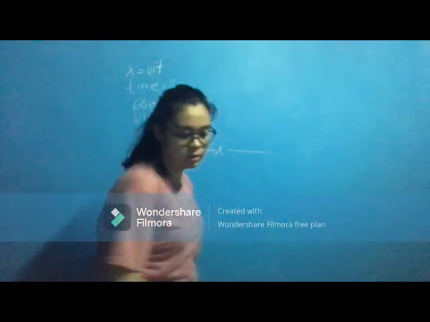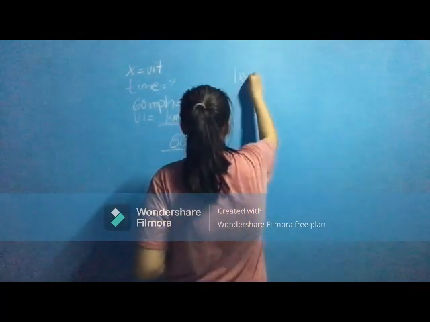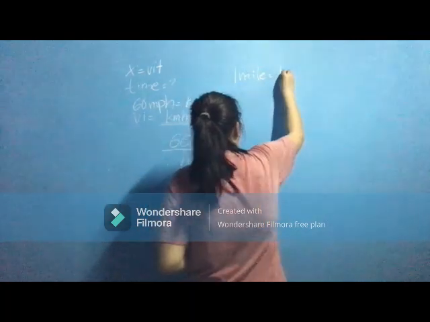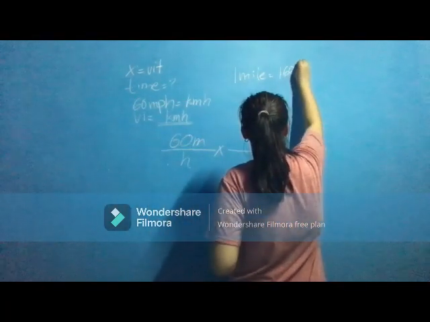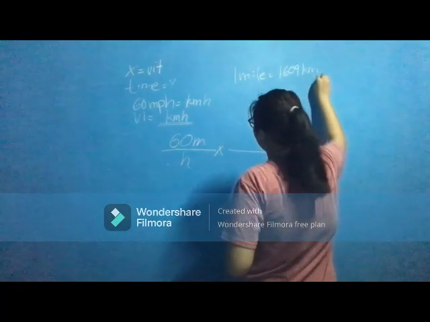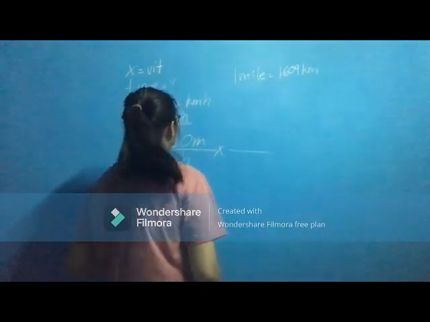Earlier, if you remember, 1 mile is equal to 1.609 kilometer. Let's use that.